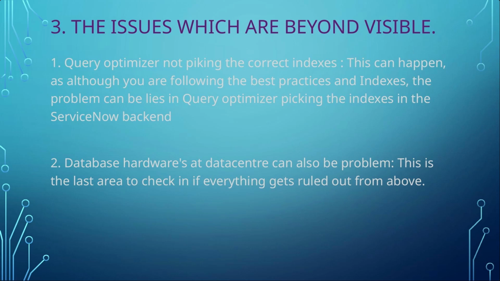We have the slow queries module where you can identify slow queries, but we were not able to find out what had gone wrong. Once we went to ServiceNow for troubleshooting and debugging, we learned that the query optimizer was not picking up the right indexes. The query optimizer was corrected, and then the issue got resolved.